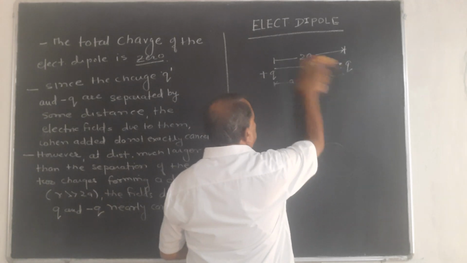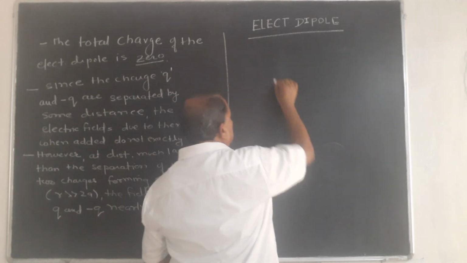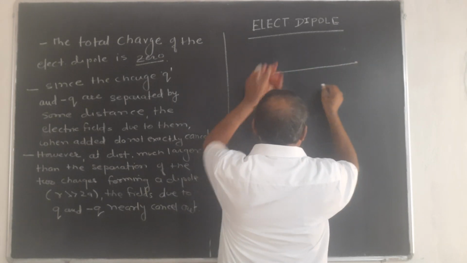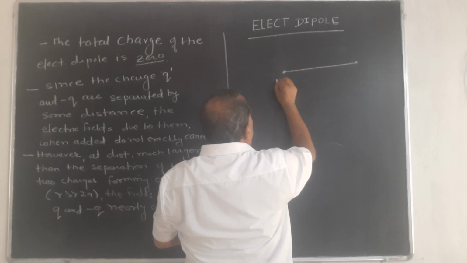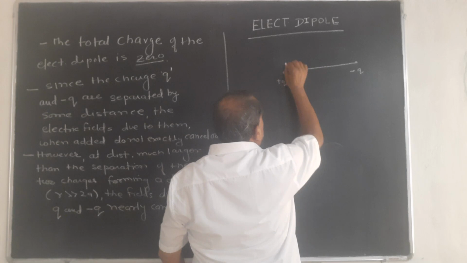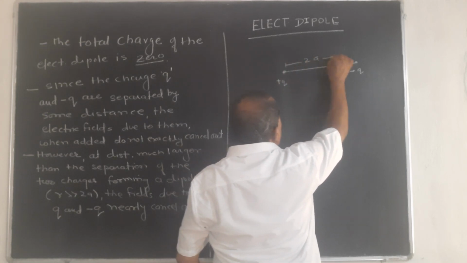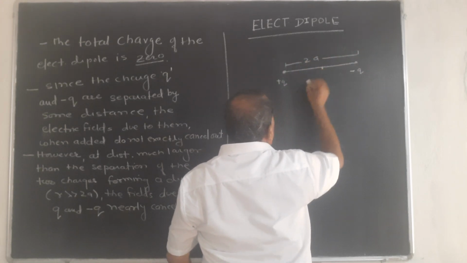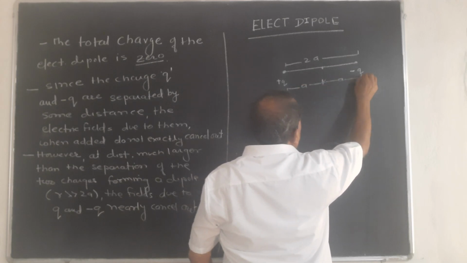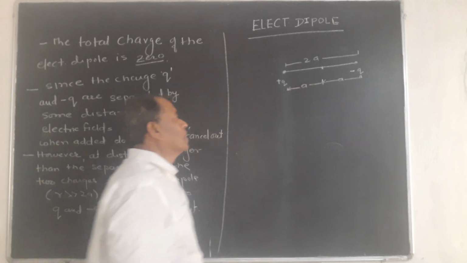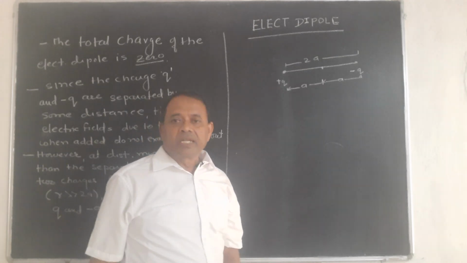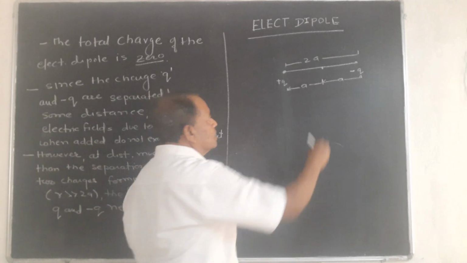Let us take the first case. This charge is plus q, this is minus q, this distance is 2a, this is the center of the dipole, and its distance is a on each side. In the first case, we are going to find the electric field at a point on the axis.